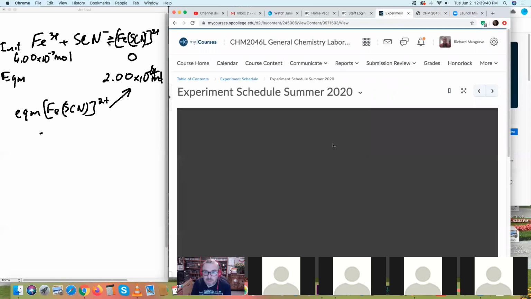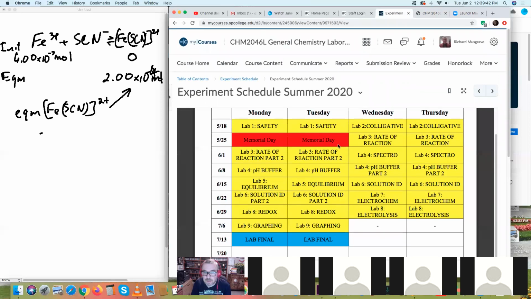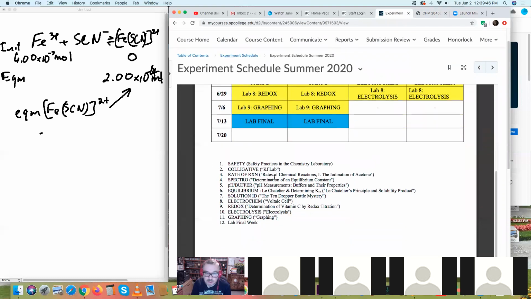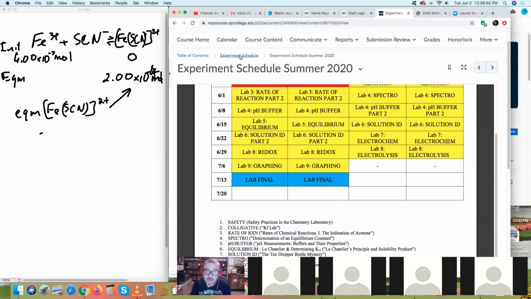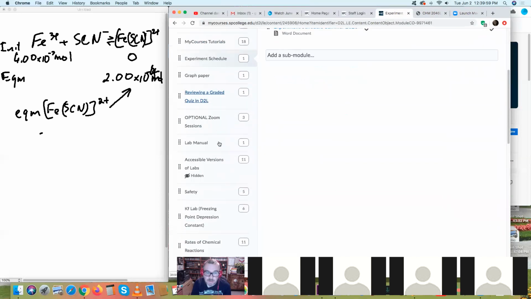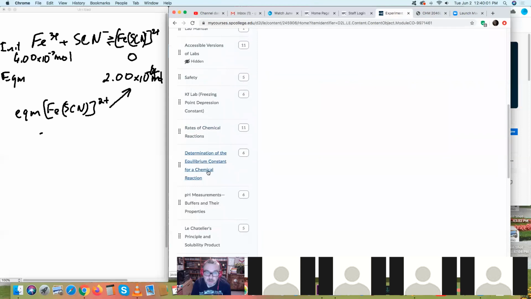Yeah, I'll just show you the thing here. So you've got spectro here, lab 4, and then down here it's got determination of equilibrium constant. And then of course these are in the correct order. The things in the actual table of contents go in the order that we do them.